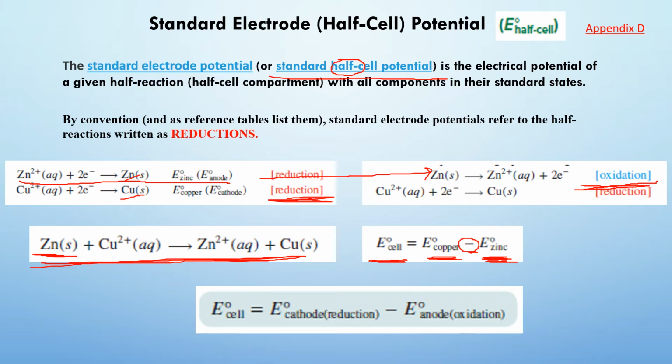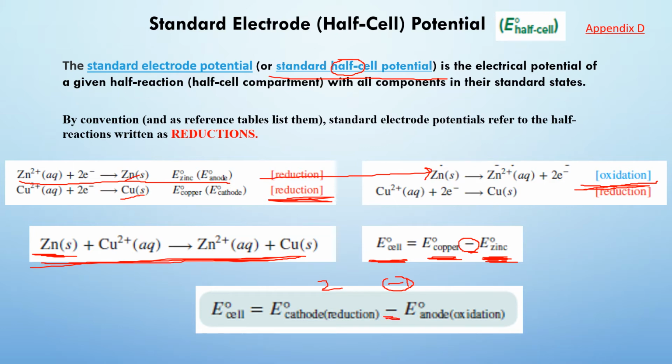For example, if copper is 2 in the table, and zinc is -1 in that table, you don't need to turn this -1 into +1, because you already have this minus sign here.